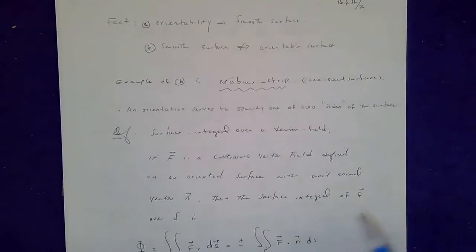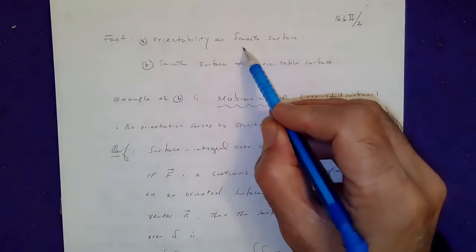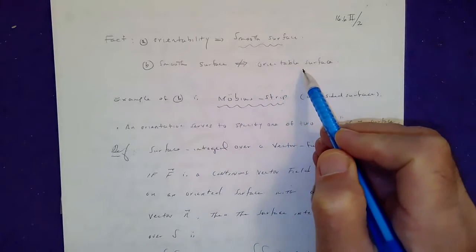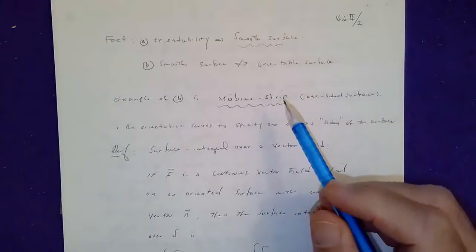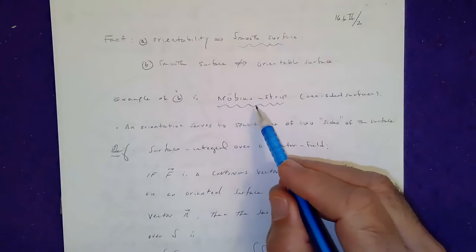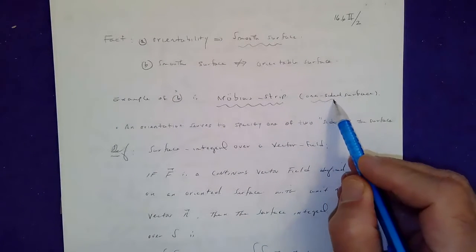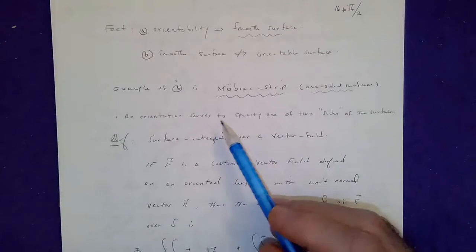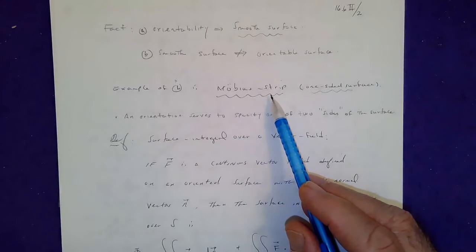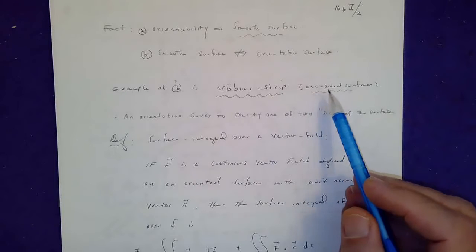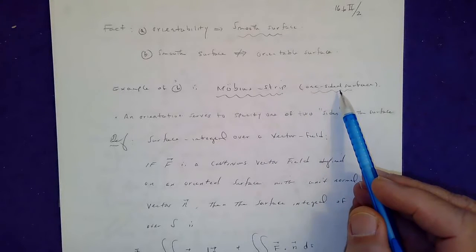So orientability implies smoothness when it comes to the surface, but smoothness does not imply orientability. An example of case B is a surface called the Mobius strip, which is a one-sided surface, and the orientation changes as you move from one point on the Mobius strip to the other point, and you will always walk on one surface as opposed to two surfaces.